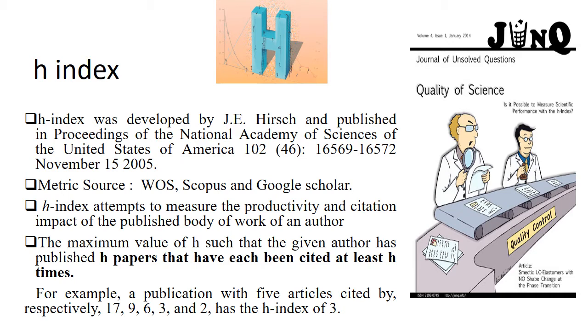So 3 articles should receive at least 3 citations, condition satisfied. Fourth article: the first got 17, second got 9, third got 6 and the last article only 3 citations, but it's the fourth article getting 3 citations. So there the condition is not satisfied. Only 3 papers have received at least 3 citations and therefore we can say that the H-Index is 3 for the author.